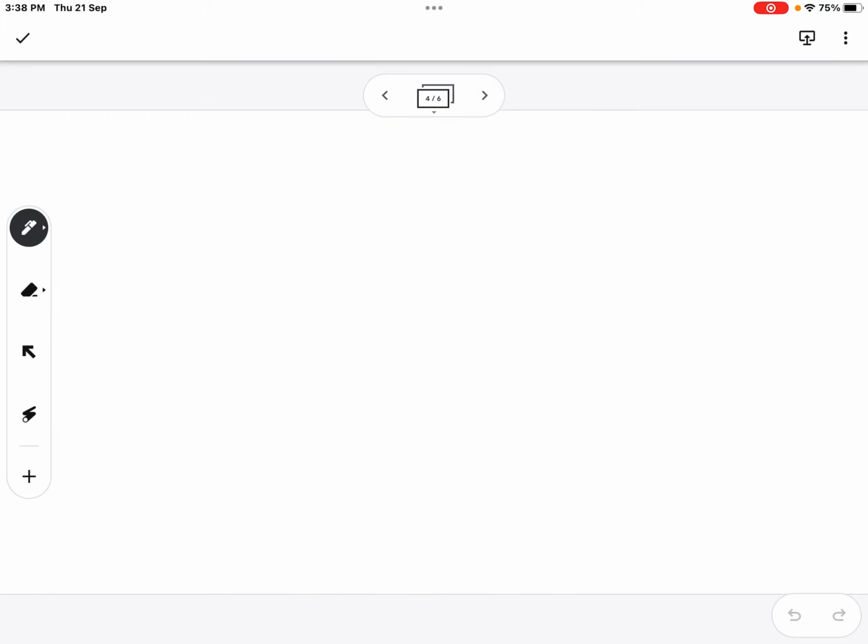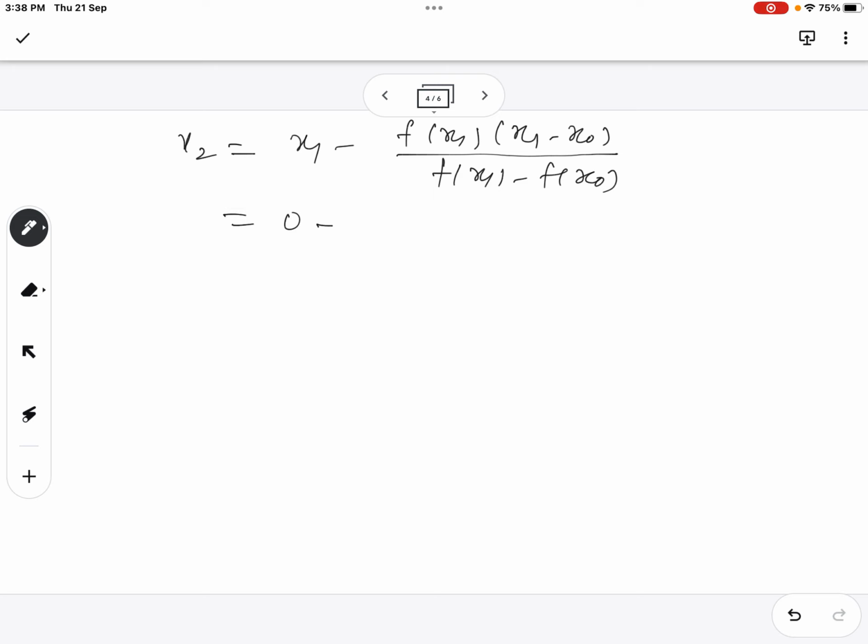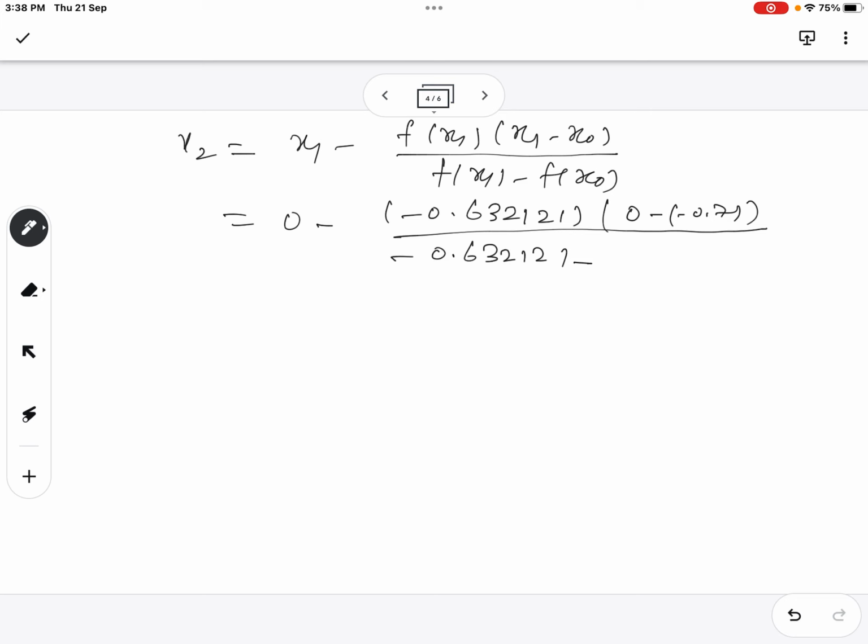In order to calculate it, the next approximation can be given as x1 minus f(x1) times (x1 minus x0) divided by (f(x1) minus f(x0)), that is 0 minus (minus 0.6322121) times (0 minus (minus 0.7)) divided by (minus 0.6322121 minus 0.244713), and from this we find that the value is minus 0.50464.